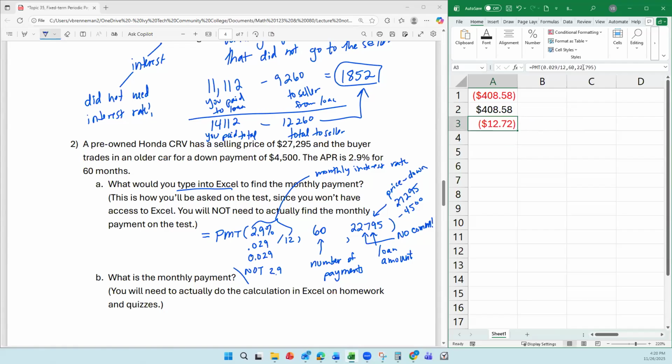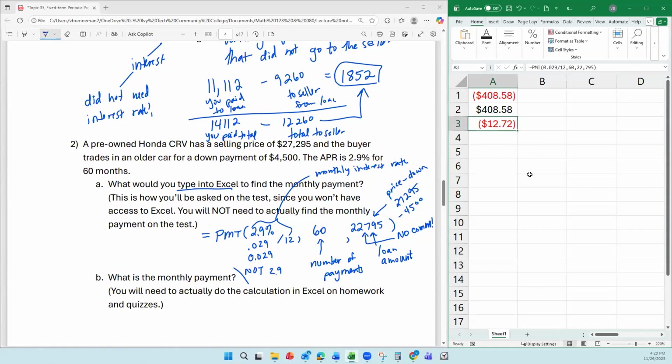So it is treating each comma as, oh, you're done giving me that information, you're now giving me the next information. So it's treating just the 22 as the amount borrowed, and the 795 is going to end up as something else. Just doesn't work right.